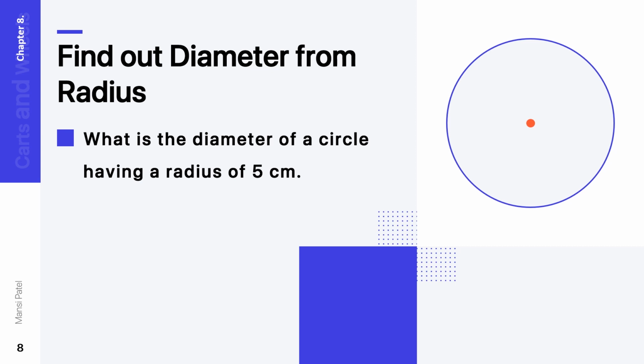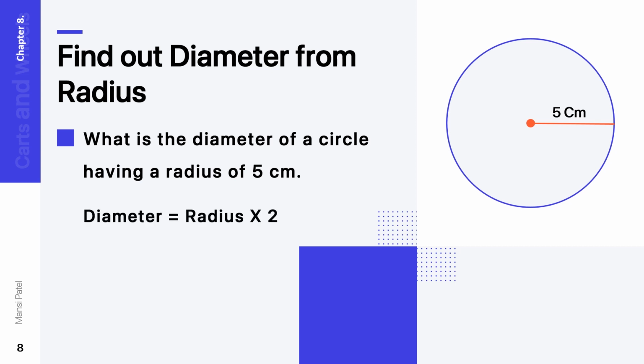See here, you can see the center of the circle and the radius is given as 5 centimeter. How can we draw the radius? We already studied that. It starts from the center and goes to one point on the circle. So this is known as the radius.